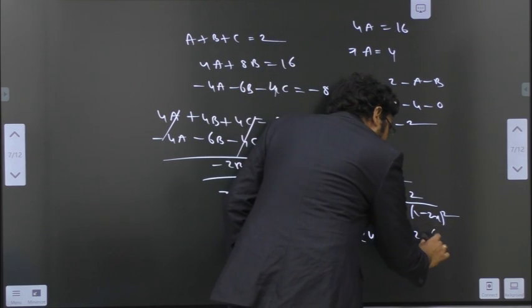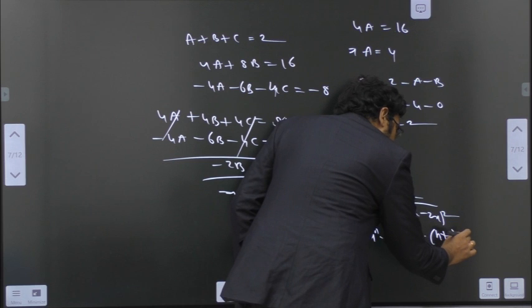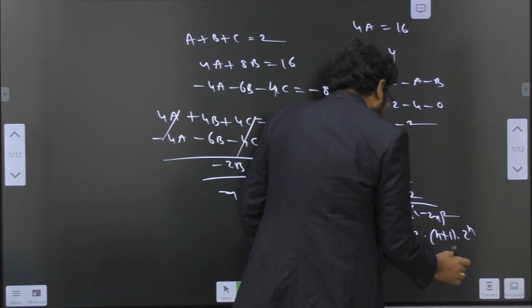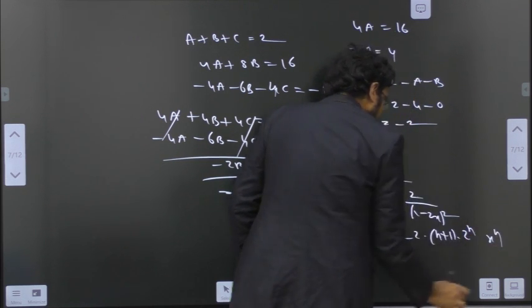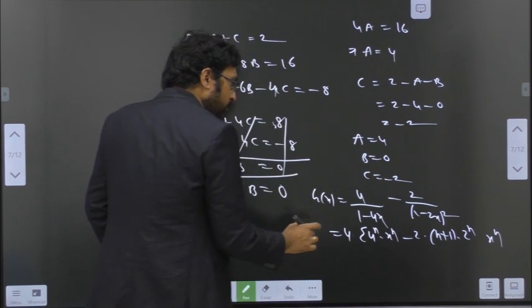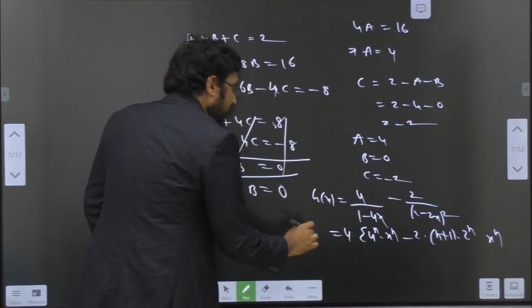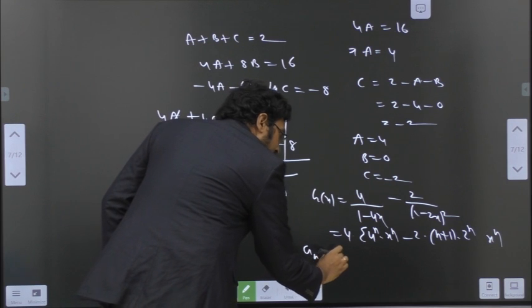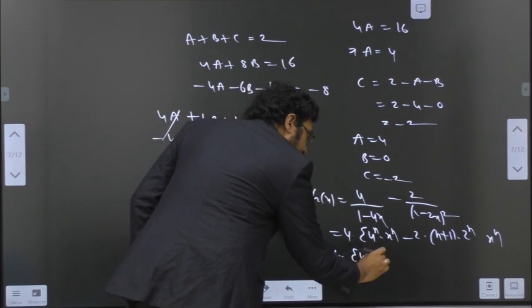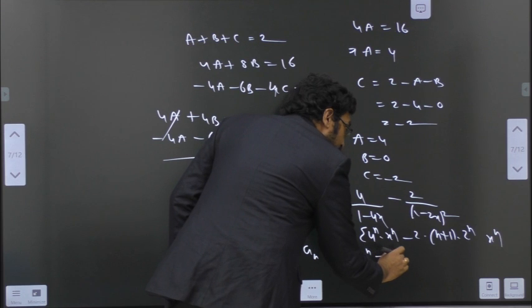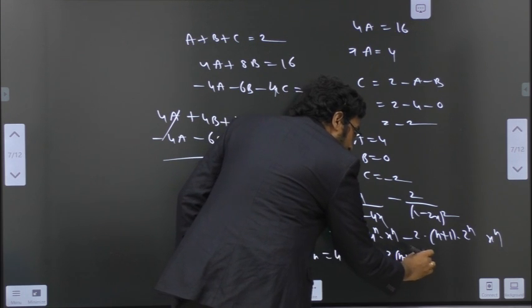So for this, n plus 1 into 2 power n into x power n. So comparing x power n coefficients on both sides, we will get a n equals 4 into 4 power n minus 2 into n plus 1 into 2 power n.